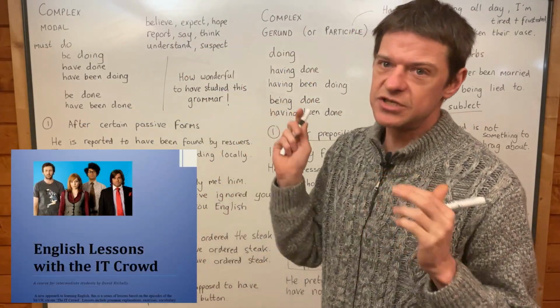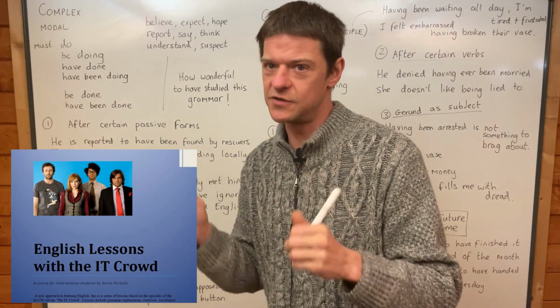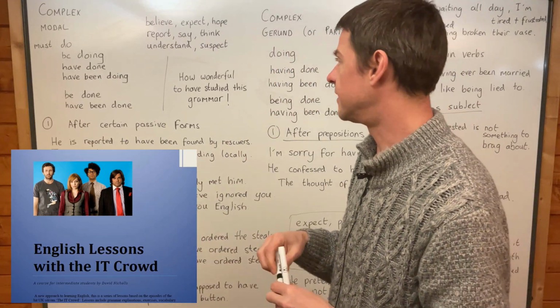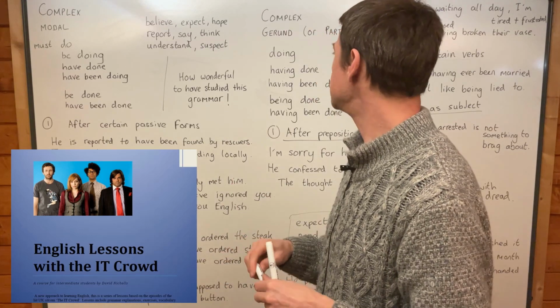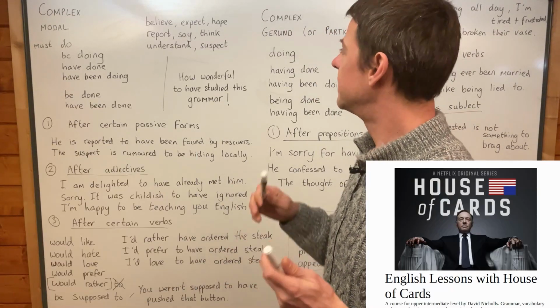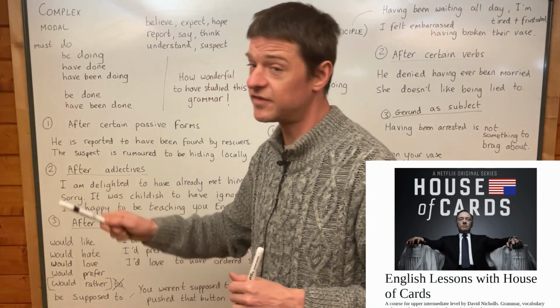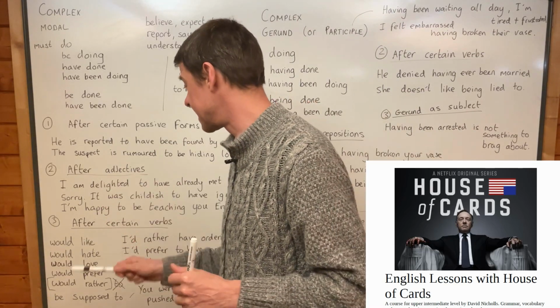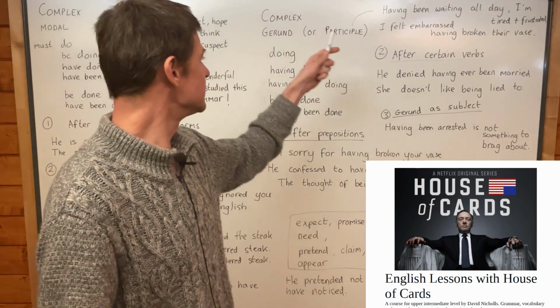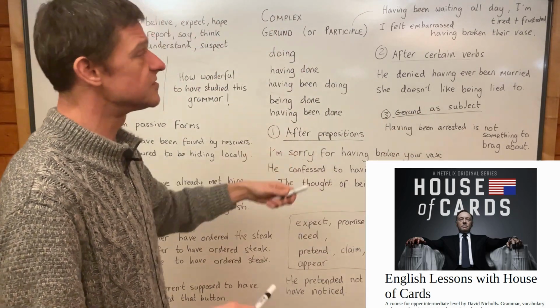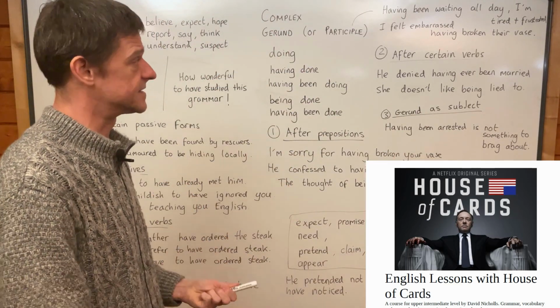Now, we looked at gerunds, infinitives and to-plus-infinitives in the previous class, and we learned that we use to-plus-infinitives after adjectives, and we will see them again today. We use gerunds after prepositions, and we will see that again today.